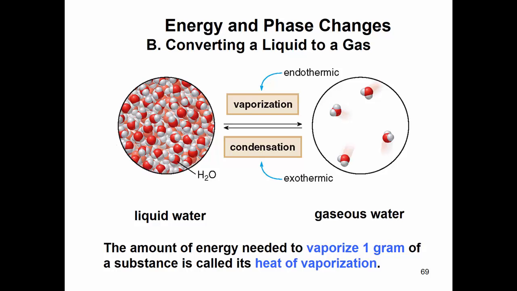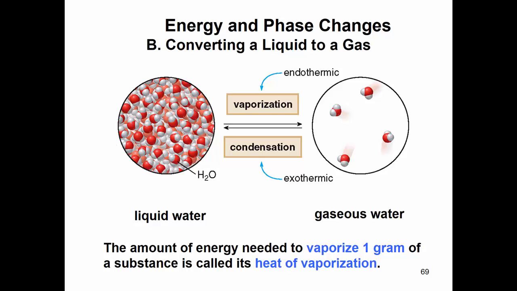Now if we convert a liquid to a gas, this is called vaporization. And once again, just like melting, this is endothermic. Liquid has to absorb heat in order for it to become a gas. The opposite is true for condensation. This is exothermic. You're going from a gas to a liquid.